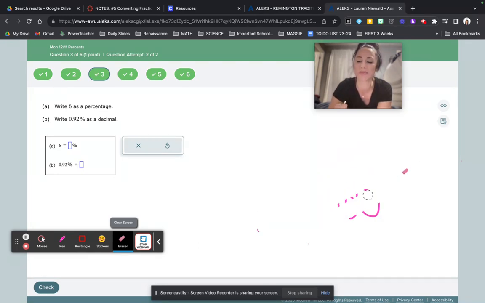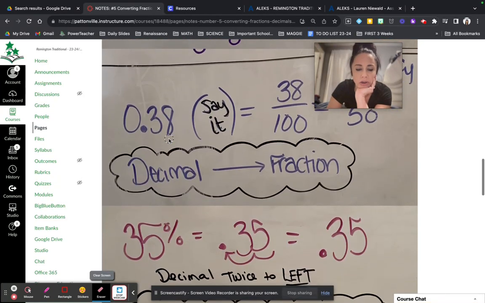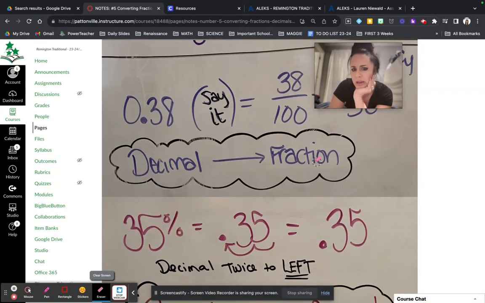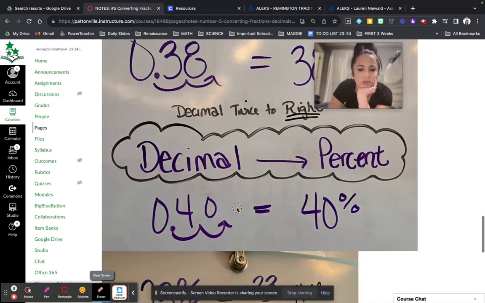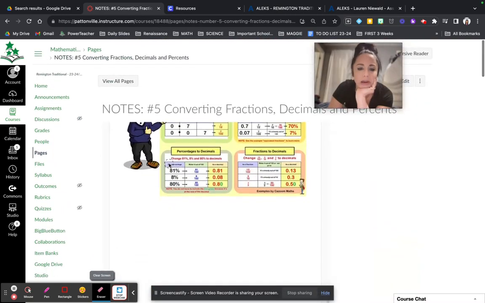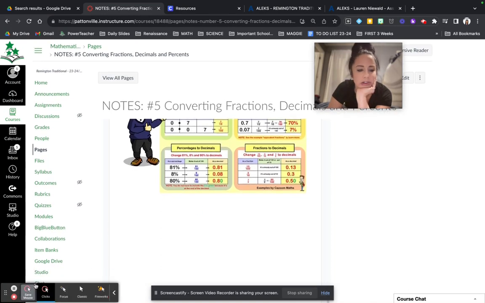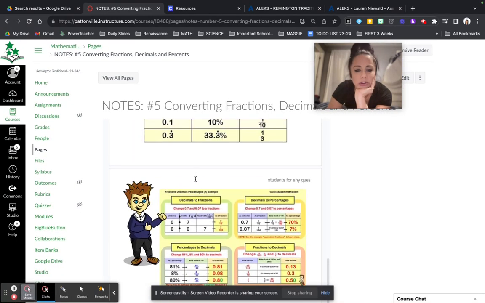To write 6 as a percentage, we're just going from a number to a percent. So if we go through and check out our notes, I'm trying to go from a number to a percent. Decimal to a percent, right? So you could look at this and know that you have to go twice to the right. Or you could look back at some of our notes from the top. Is it not going to let me scroll right now? There we go.